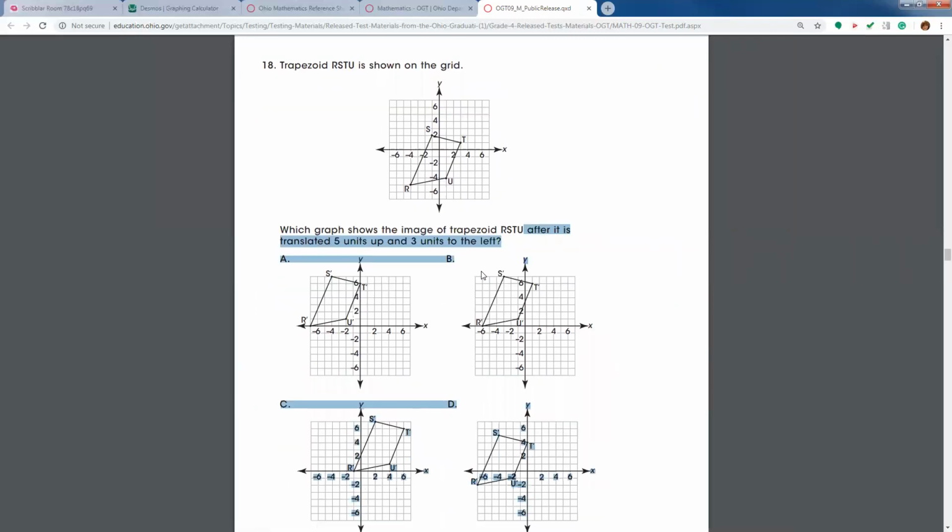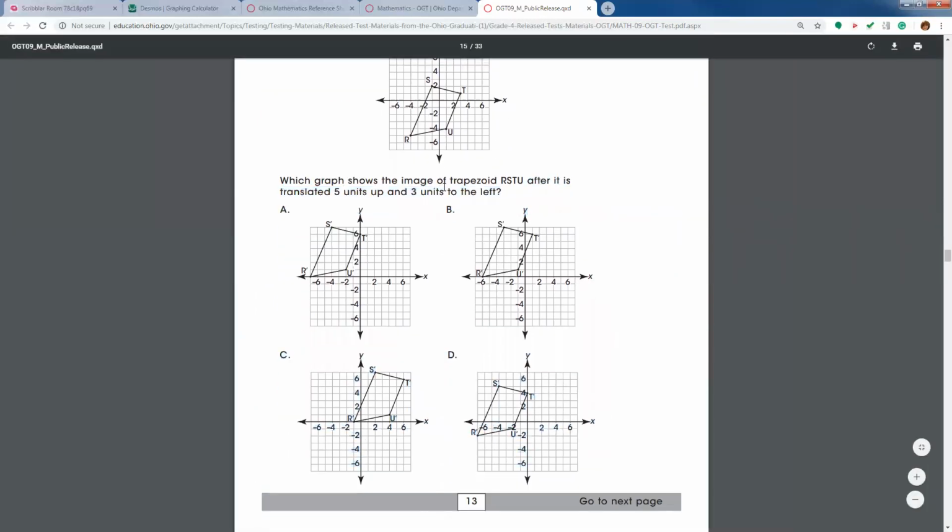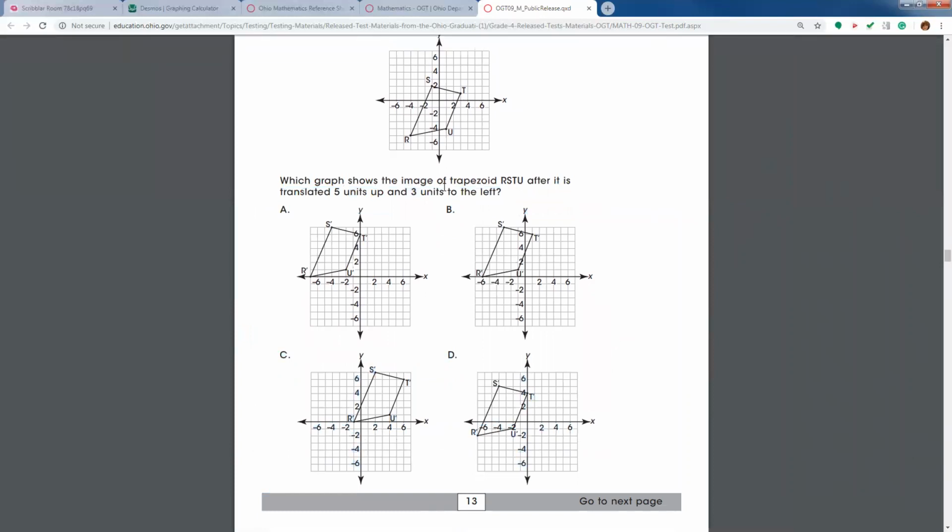Let me see, show all the answers. So we went 5 units up and 3 left. Which answer choice looks like it's gone 5 up and 3 left? Yeah. One of the answer choices is 2 left instead of 3 left.